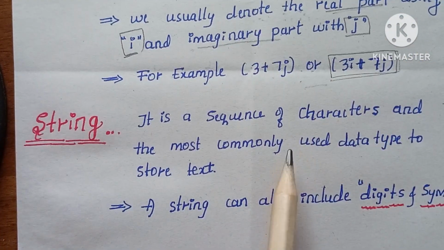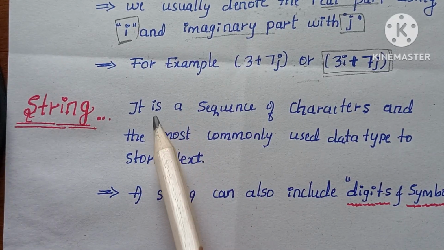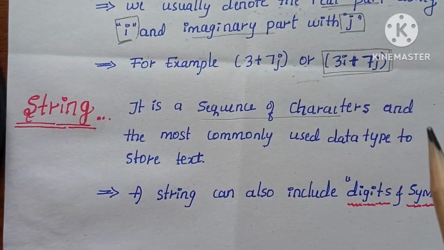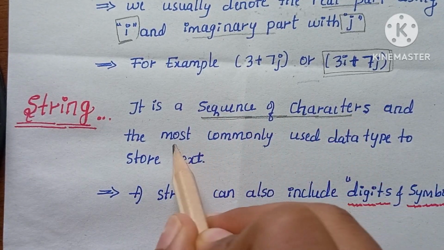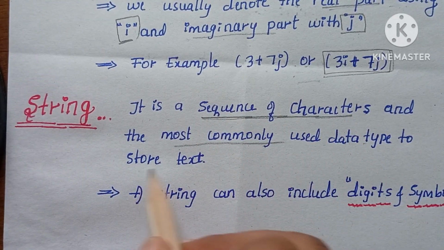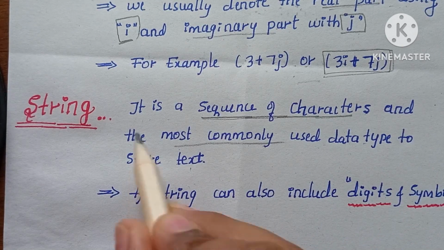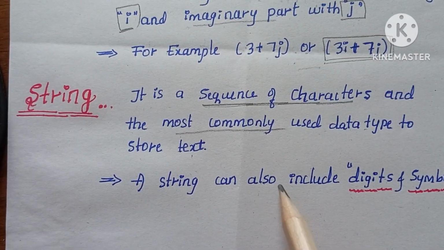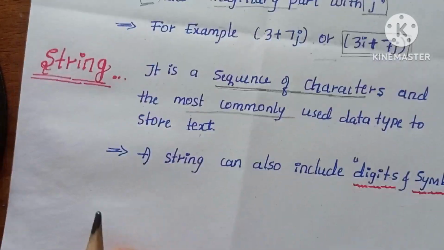The next one is string. A string is a sequence of characters, and it is the most commonly used data type to store text. That is the purpose we use string for. A string can also include digits and even symbols.